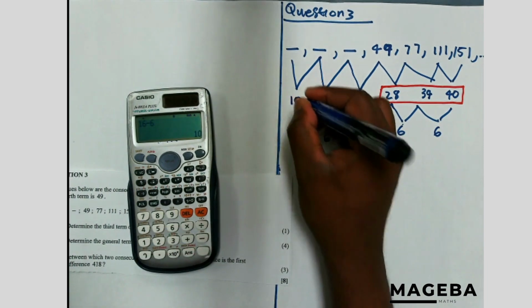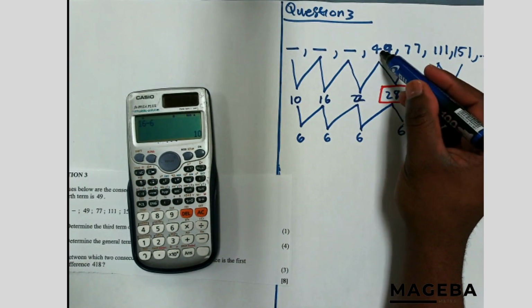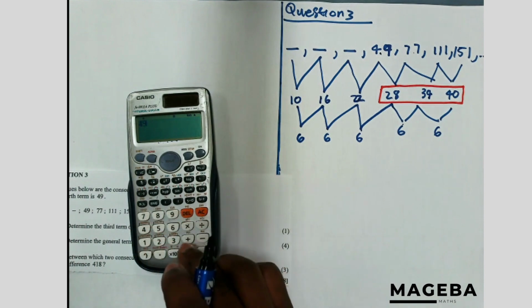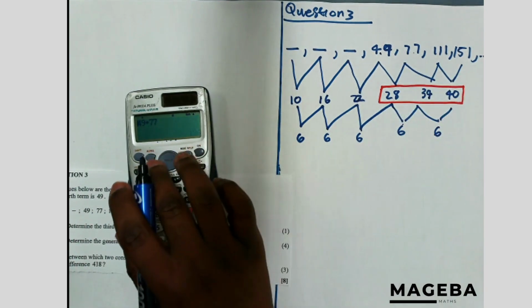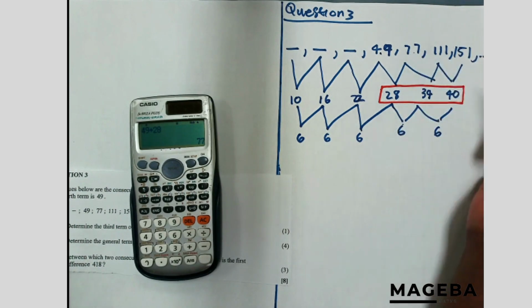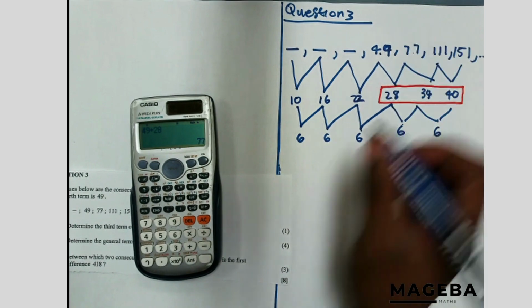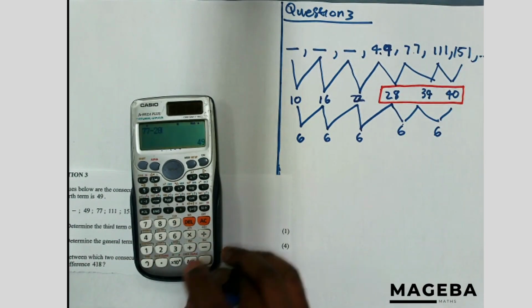And 16 minus 6 gives us 10. Also, going forward, 49 plus 28 gives 77. Now going back, finding 49, we say 77 minus 28 to get 49.